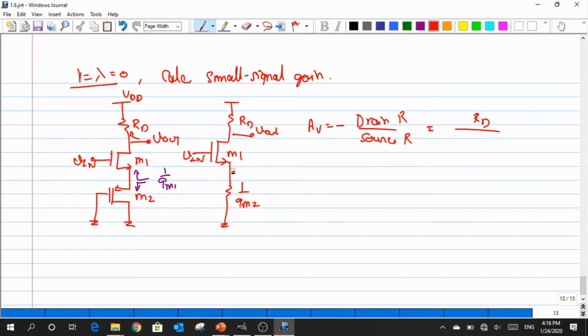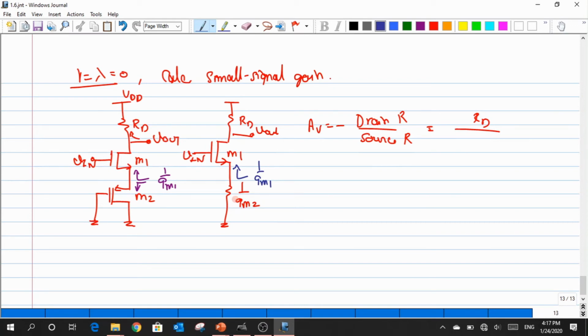As I said, we already know that the impedance when I look across the source is 1 by GM1, and after that I have 1 by GM2. So I have to sum both these quantities as the source resistance. These two have to be looked at from this point. Do not go below this, because that will make your answer completely different.